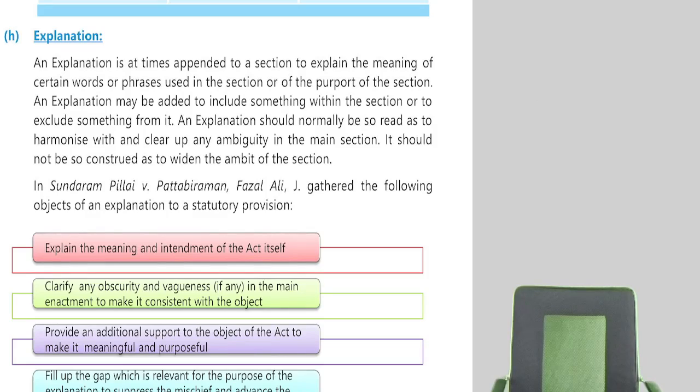Okay. Point number 3. So tell me now, explanation will always explain the meaning of the terms used.